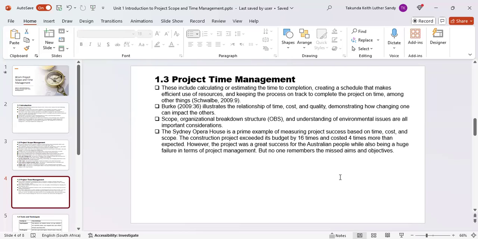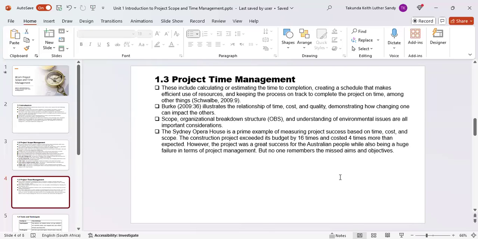Although a lot of objectives were missed, the people said it was nice. But from a project management perspective, it wasn't, because number one, they missed their aims and objectives. They also missed their budget because they had a budget overrun. They used a lot of money that was not budgeted.